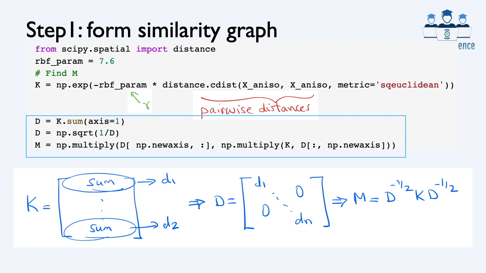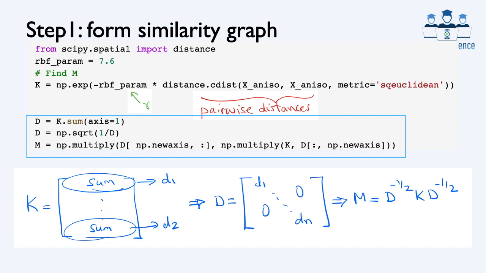And we use these to normalize the adjacency matrix that we have. So now we have this matrix M, which is d to the power of negative 1/2 times the kernel matrix, or the adjacency matrix K, times d to the power of negative 1/2. So obviously this matrix M is still a symmetric matrix, because if I find the transpose of the matrix M, it is still equal to M.